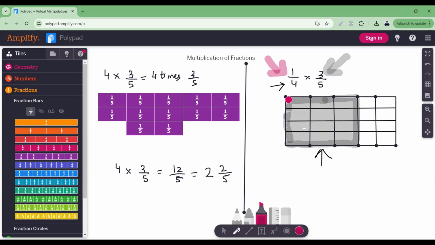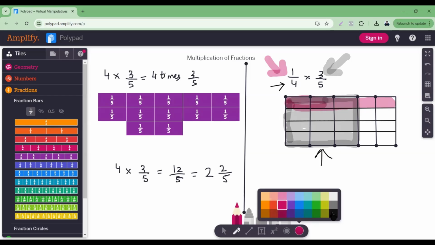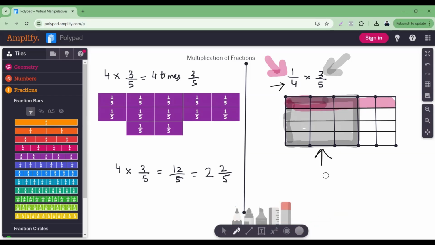Now, in this, I have to select one piece, one horizontal piece. Okay, I have done that, right? You see, I've done that. Okay. Now, what is our answer? How do we understand that our answer is 1/4 of this 3/5?